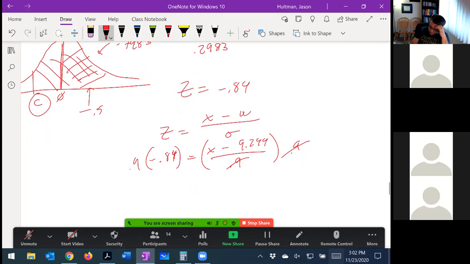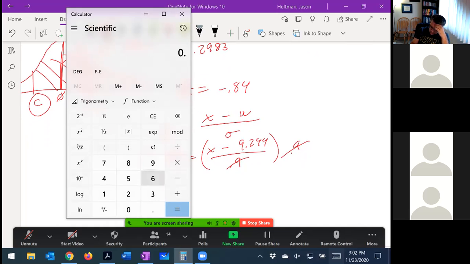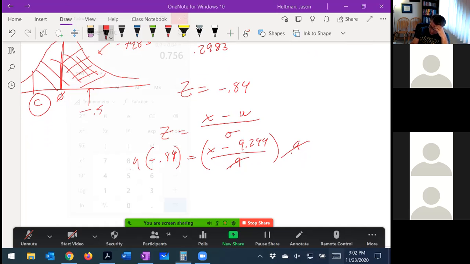And we get 0.9 times 0.84. What's 0.9 times 0.84? It's 0.756. So negative 0.756 is equal to x minus 9.244.